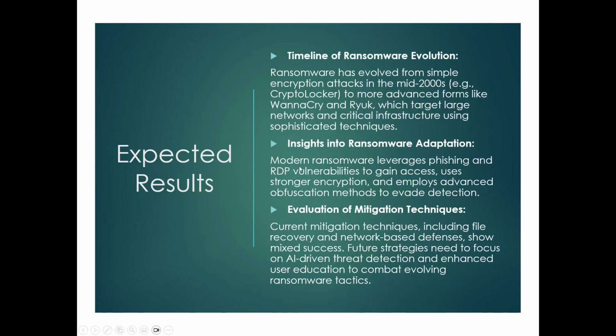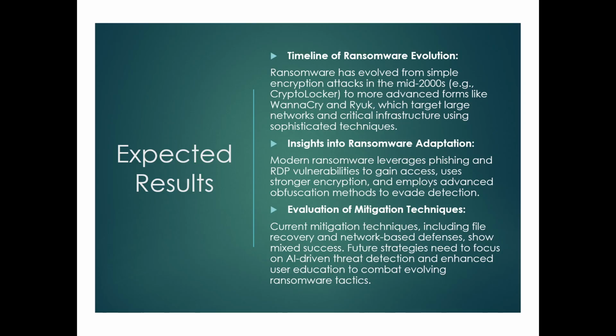We got a timeline of the evolution of ransomware, how it started with simple encryption attacks and moved to more advanced forms. We gathered some more insights on its adaptation, leveraging phishing and RDP vulnerabilities to gain access.